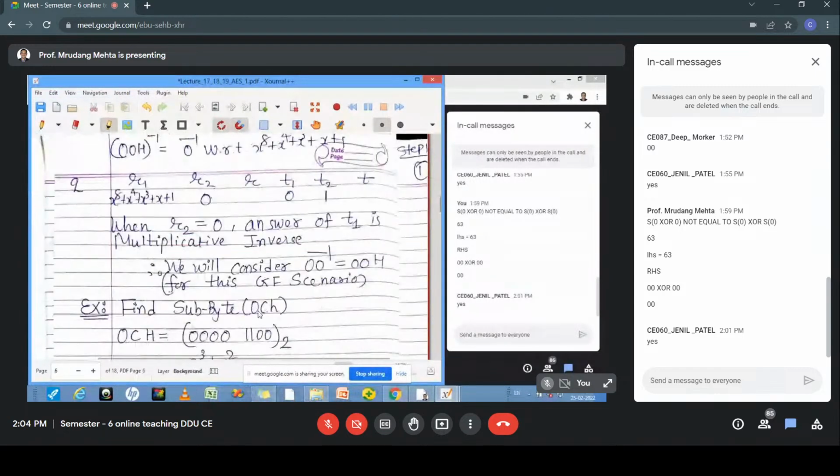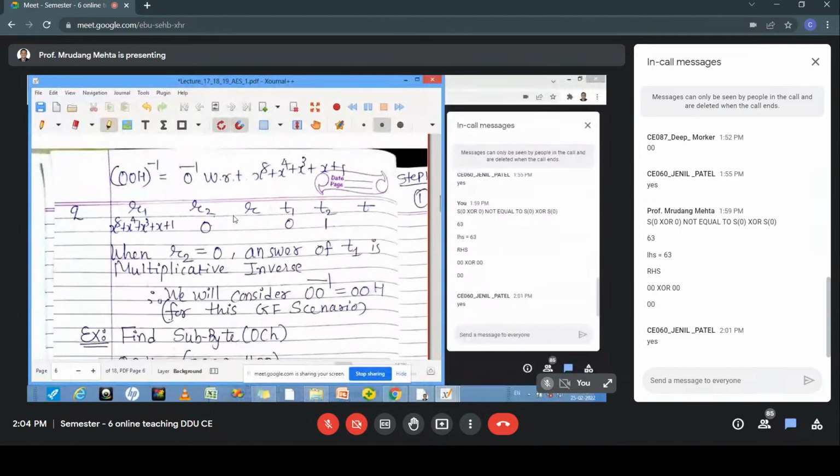Why? Because to find the inverse, we apply the same method as we have discussed for finding x raised to 5. 00 means all zeros. So we have R1 equal to x raised to 8, plus x4 plus x3 plus x plus 1, this polynomial, and R2 is 0.